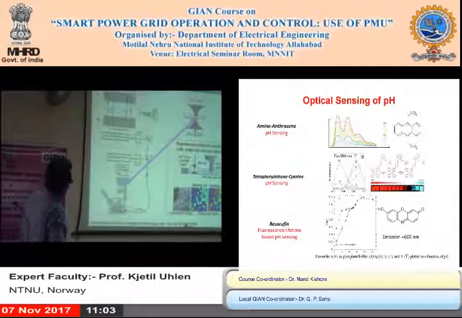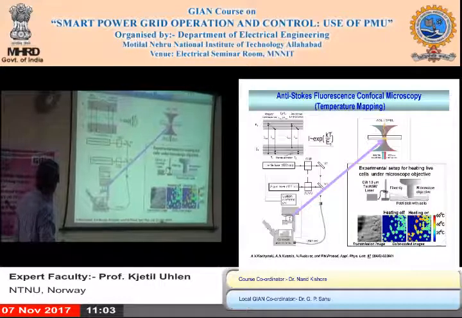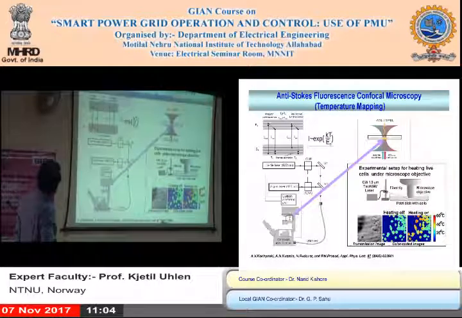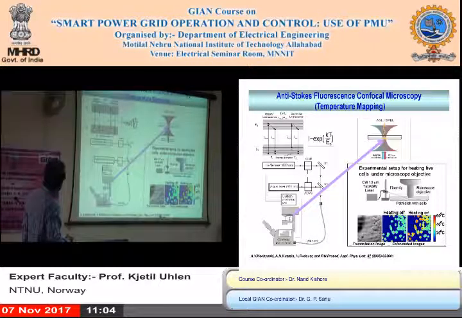This is the method that we developed for mapping temperature. Basically it involves different kinds of absorption: one absorption goes from a lower vibrational level, and the other goes from a thermally activated vibrational level. Only the thermally activated vibrational level can produce fluorescence. Okay, that's a longer wavelength.